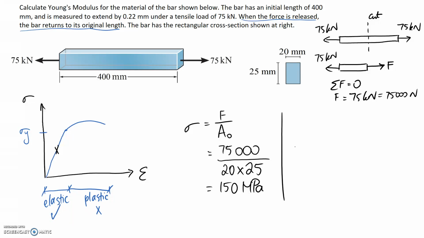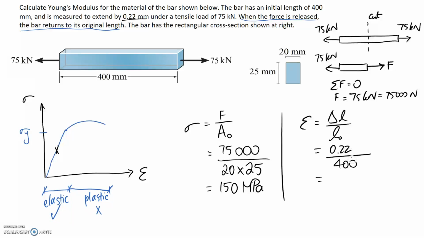Alright, so now what we want to do is calculate the strain that this stress corresponds to. So we have our equation for strain, where it's equal to the change in length divided by the original length. Now we were told that it changed by 0.22 millimeters under that load. And the original length is this 400 here.